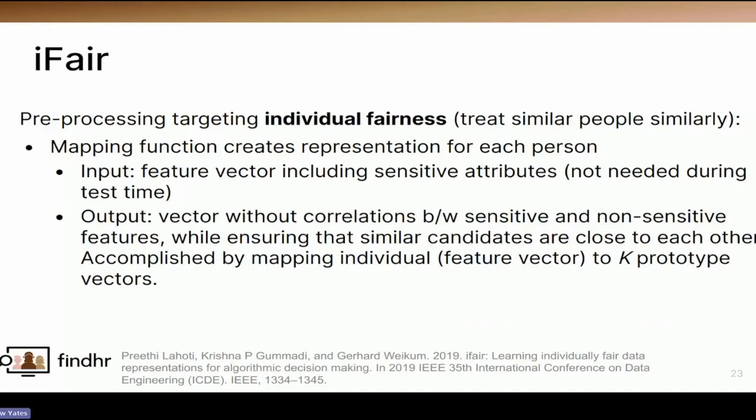And this, again, outputs a vector that does not have correlations, or ideally does not have correlations, between sensitive and non-sensitive features, with the constraint that similar candidates in the original feature space should remain close to each other in the new feature space. And this is again accomplished by mapping to these prototype vectors or clusters. So the motivation is a little different, but a lot of the machinery as far as how this is set up is the same.